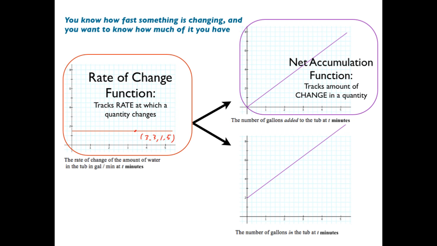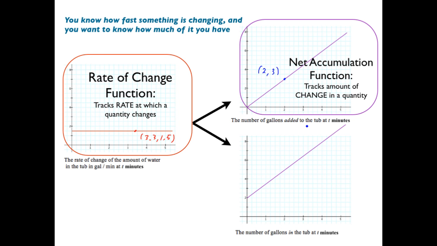So here's the point 2, 3. Leo, what does that point mean? 2, 3 on this graph. Yeah. So 2 minutes into the tub being turned on, we've gained 3 gallons, right?